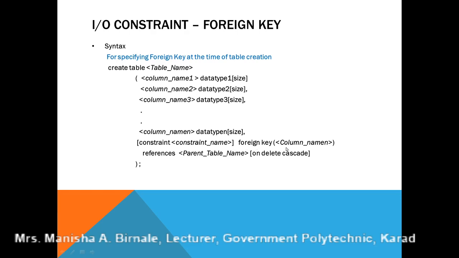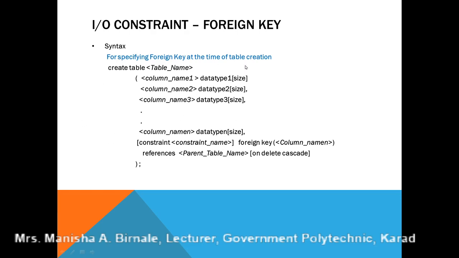After that the keyword foreign key is written and in round bracket write column name which will work as a foreign key. Round bracket is completed and then references. This is again keyword. In front of references, you have to write parent table name. So this is a syntax for creating table which is a child table.